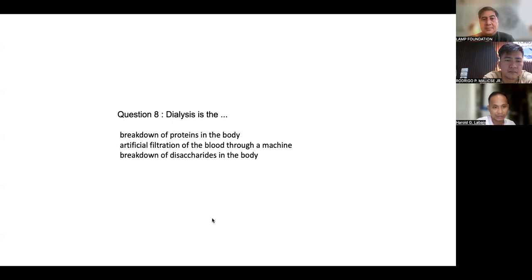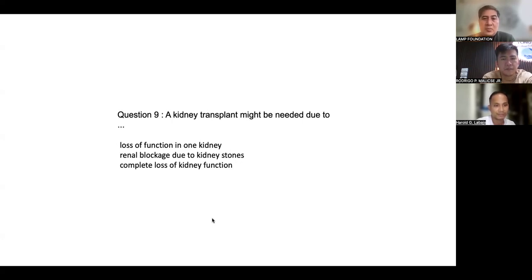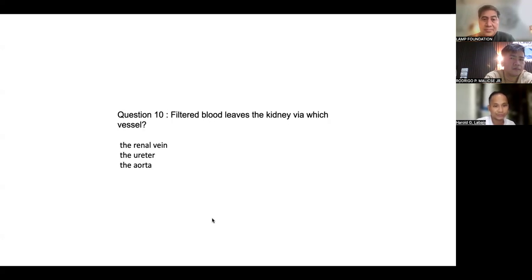Dialysis is the artificial filtration of the blood through a machine. A kidney transplant might be needed due to complete loss of kidney function. Filtered blood leaves the kidney via which vessel? Renal vein.